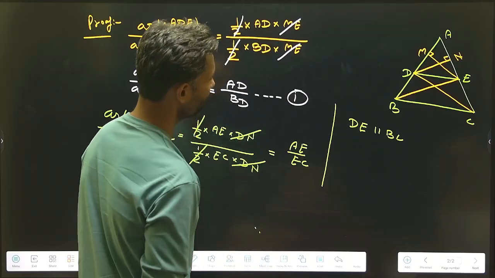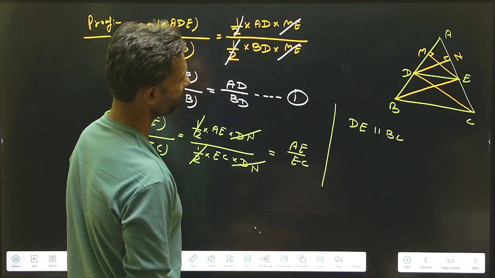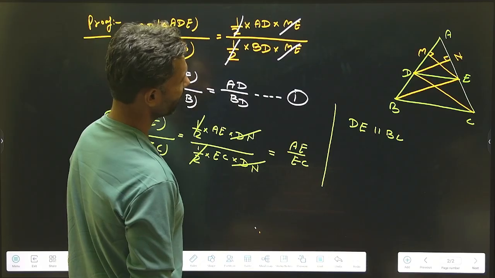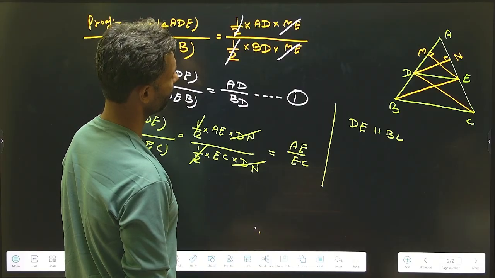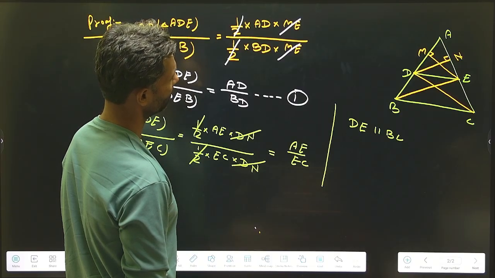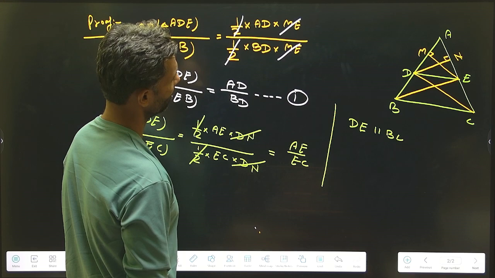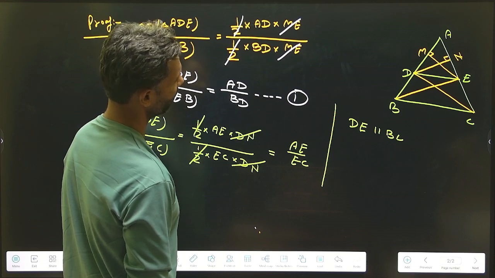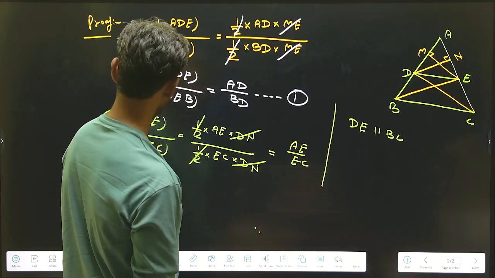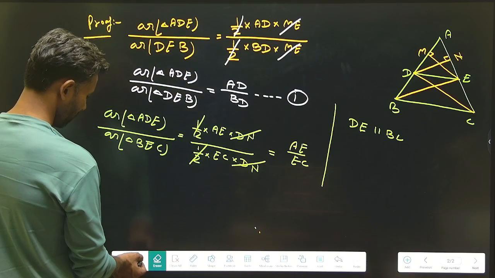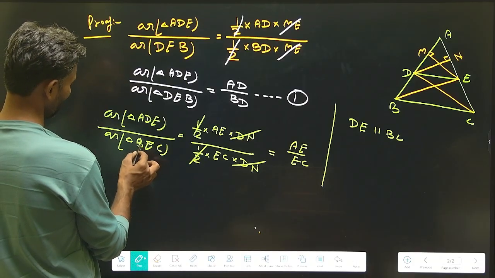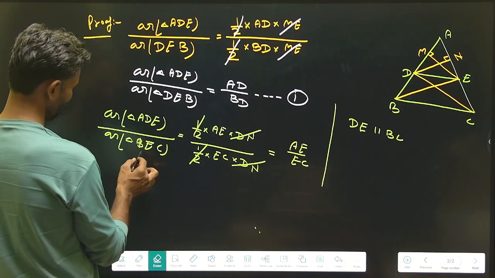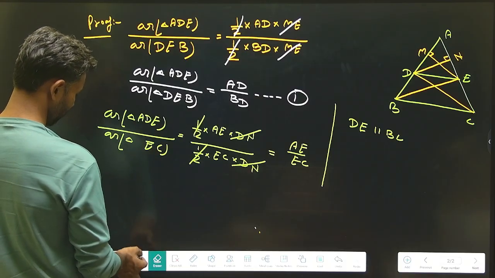Sorry, I have mentioned it wrong. This triangle will be DEC.